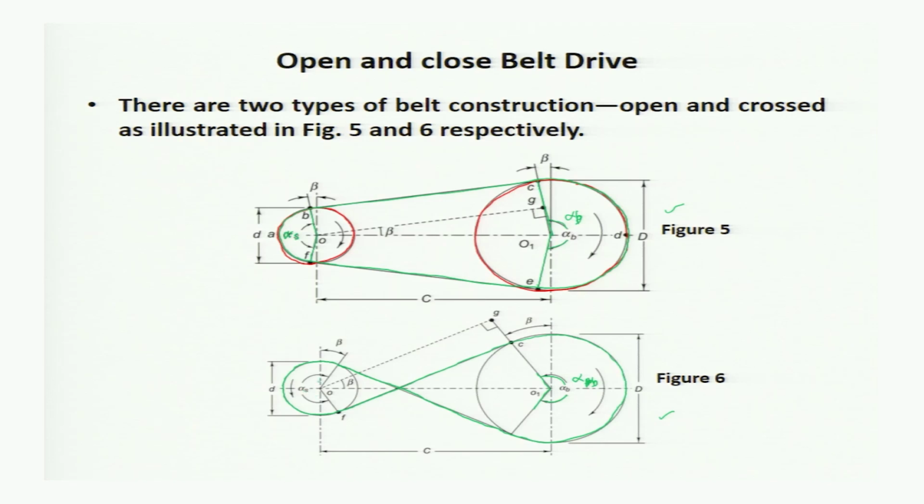Similarly, the angle of wrap at the smaller pulley, alpha s, for the case of crossed belt is bigger than the alpha s for the case of open belt. Okay. The distance between the axis of rotation of the shaft or the pulley is given by this c, and the diameter of the bigger pulley is capital D, diameter of the smaller pulley is small d.